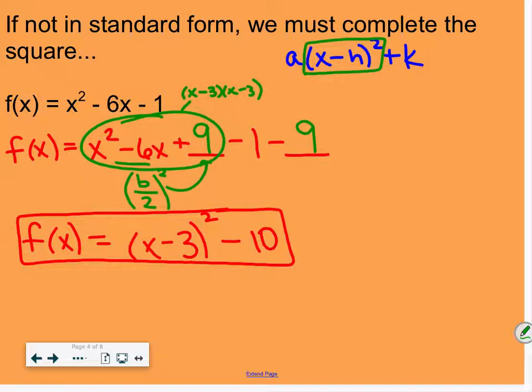Do you agree? Yes. So we can write x minus 3 times x minus 3 as x minus 3 squared. And then we have this minus 1 minus 9 that we can combine to the 10. Thank you for being brave and asking that question. I appreciate that. Other questions?